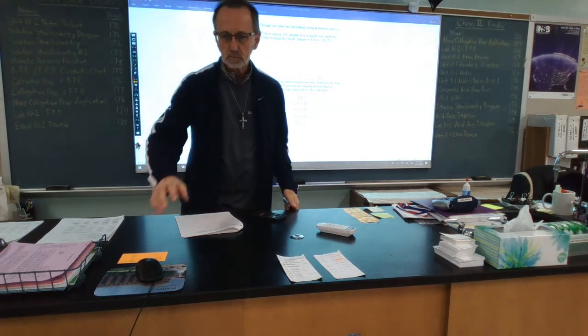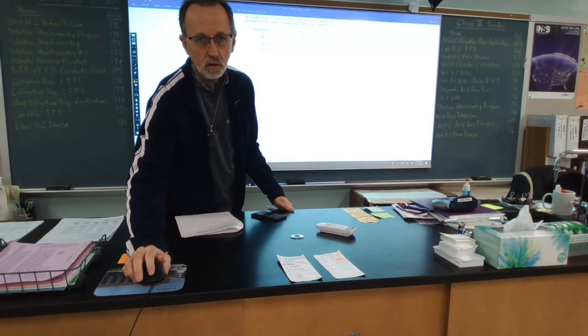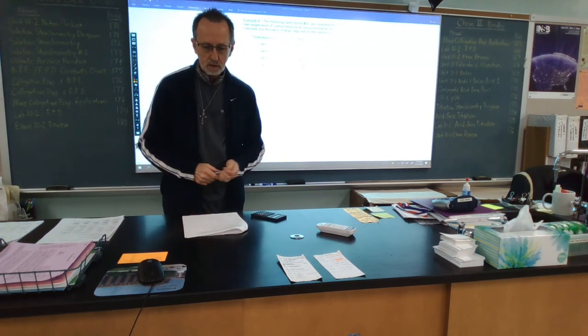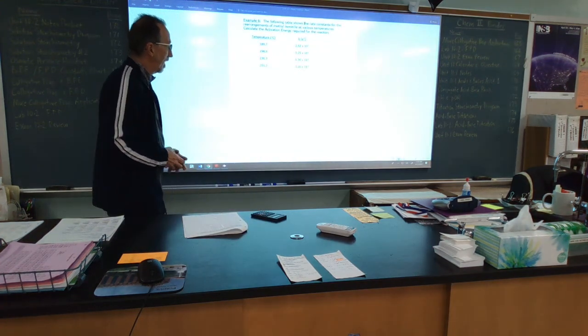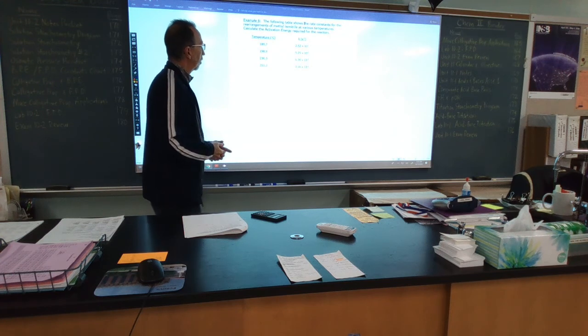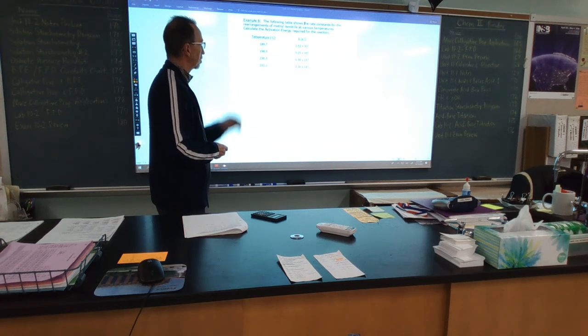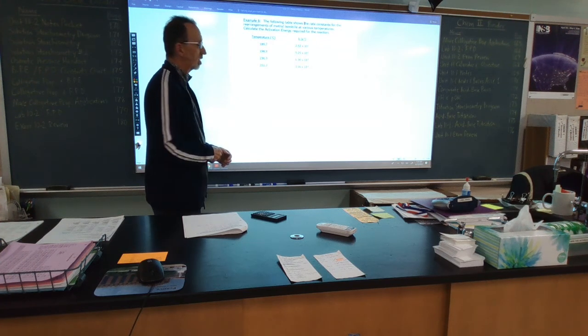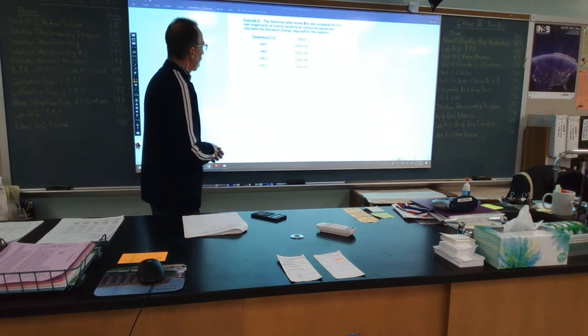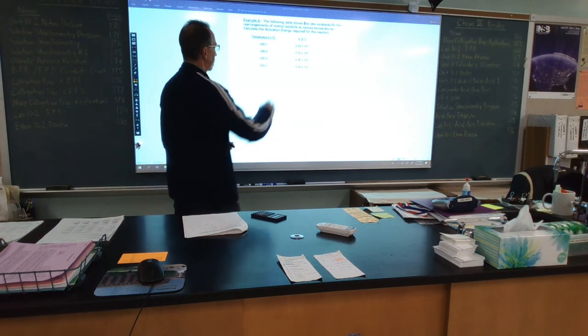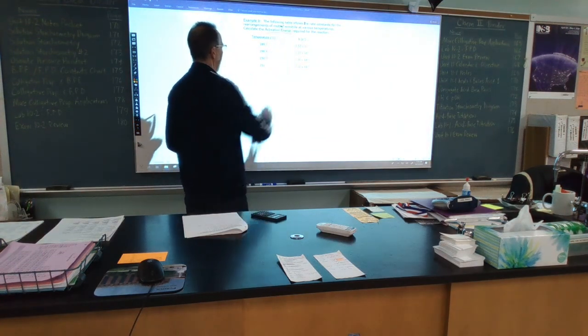Okay. So in this example here, the following table shows the rate constant for the rearrangement of methyl isonitrile at various temperatures. All right, organic compound. Calculate the activation energy required for this reaction.